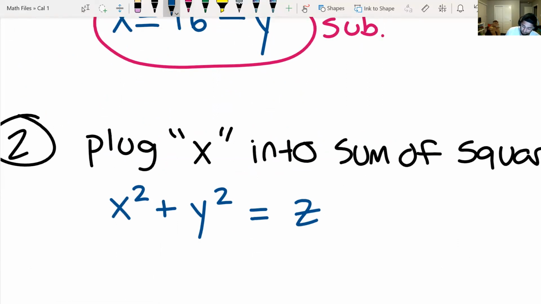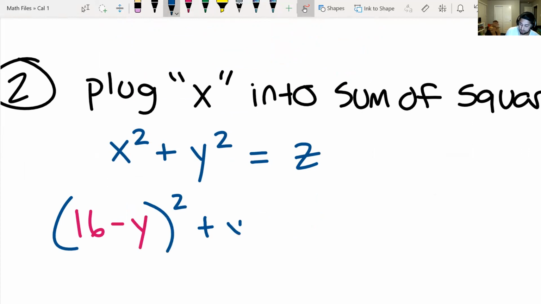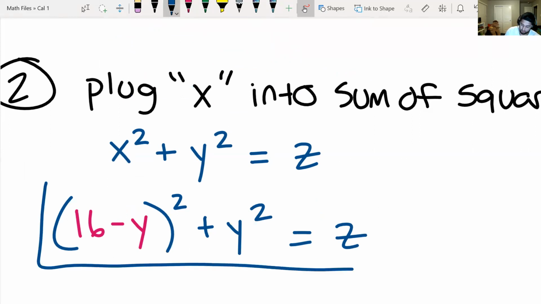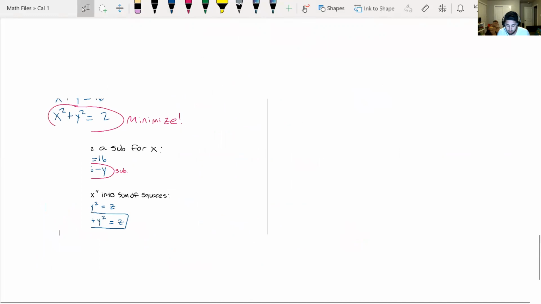So this becomes 16 minus y squared plus y squared equal to z. This is our new sum of squares formula, which means we are ready to optimize.